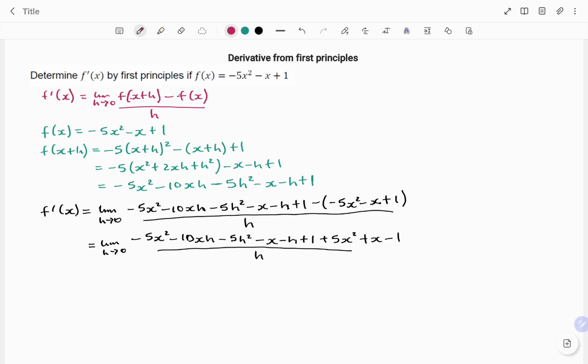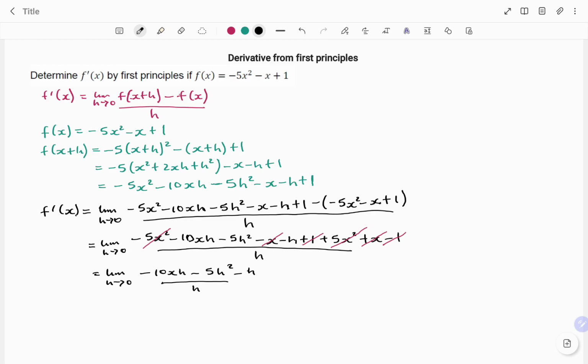Then simplifying, I have minus 5x squared plus 5x squared, that's 0. Then I have minus x plus x, that's also 0. Then I have plus 1 minus 1, that's 0. I'm left with the limit as h tends to 0 of minus 10xh minus 5h squared minus h divided by h.